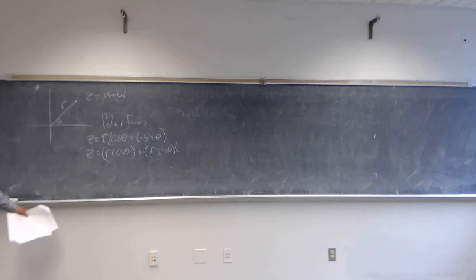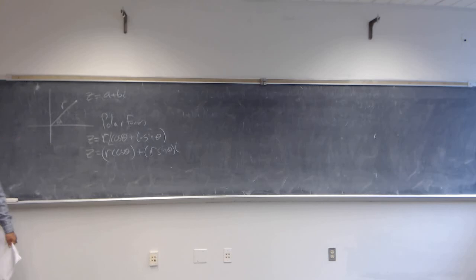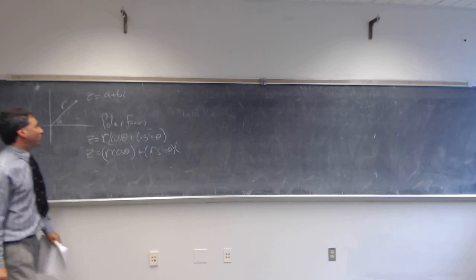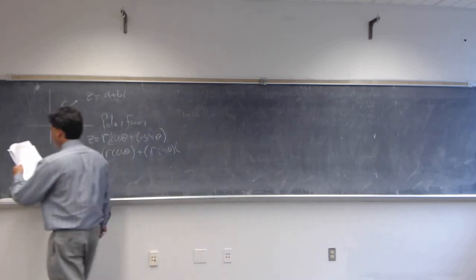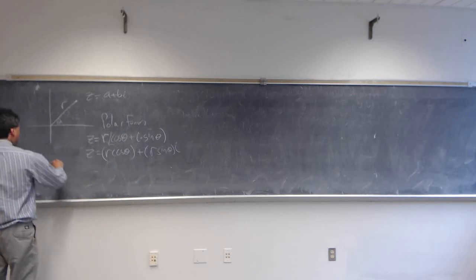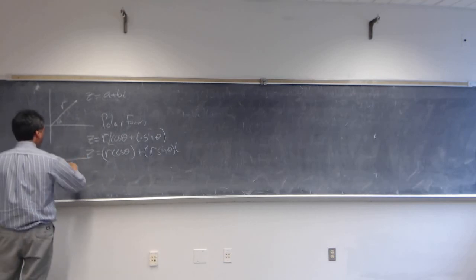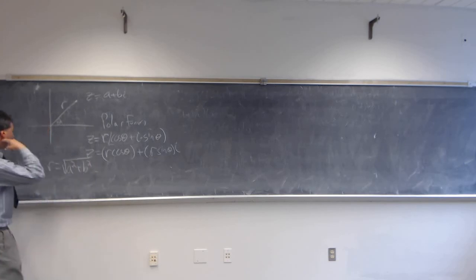So again, the connection is the real part is just r times cosine theta, and the imaginary part is just r times sine theta. Where r again is going to be the square root of a squared plus b squared, or just the absolute value.